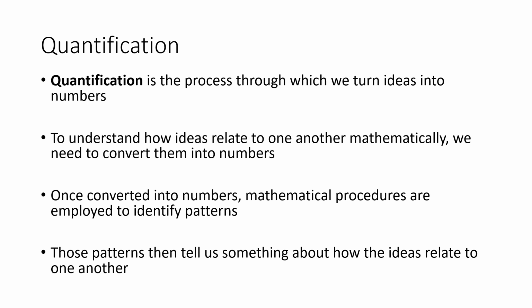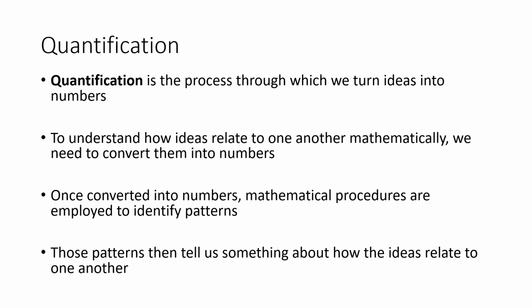Now, to understand how ideas relate to one another mathematically, we have to convert them into numbers because we can't mathematically analyze ideas. Say, for example, gender is an idea, right? We can't statistically or mathematically analyze something called male or female.